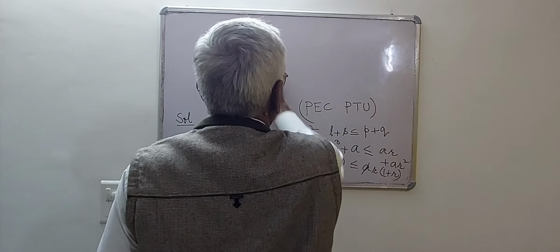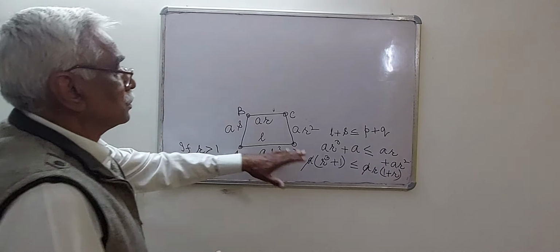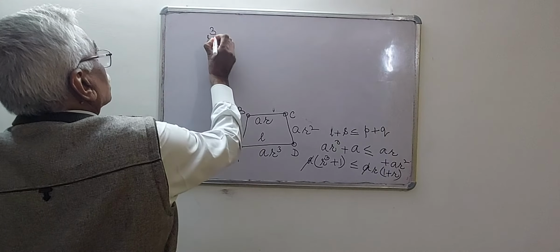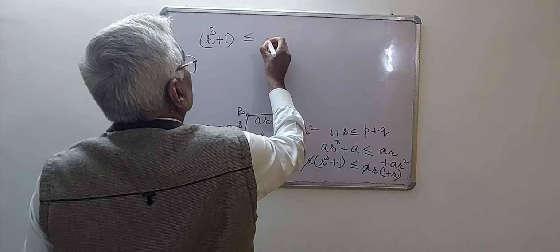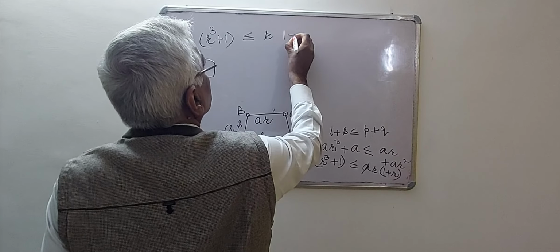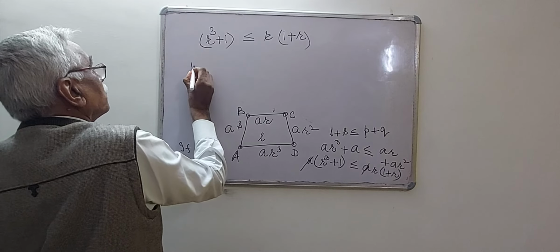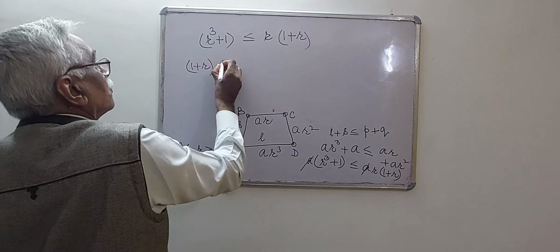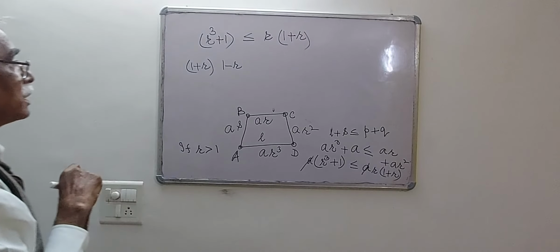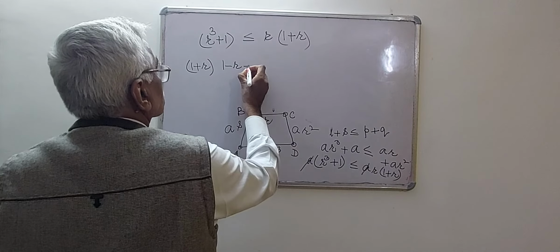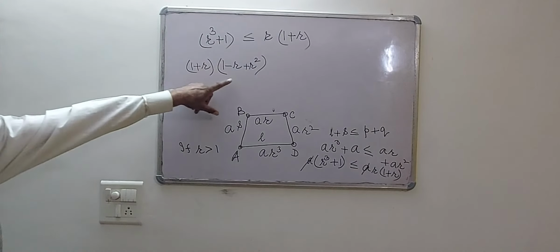So I can write R cube plus 1 is less than or equal to R (1 plus R). R cube plus 1 can be factorized as (1 plus R)(1 minus R plus R square).